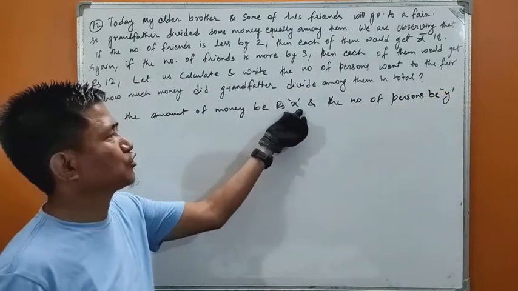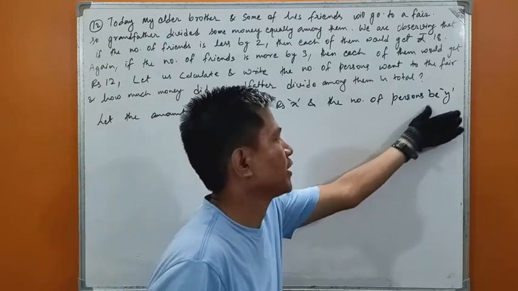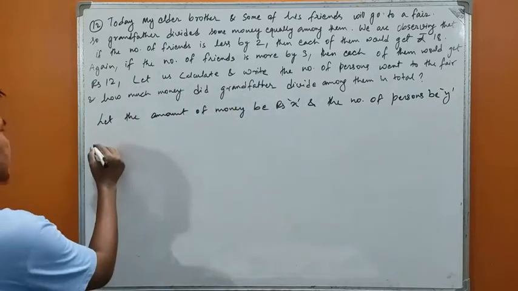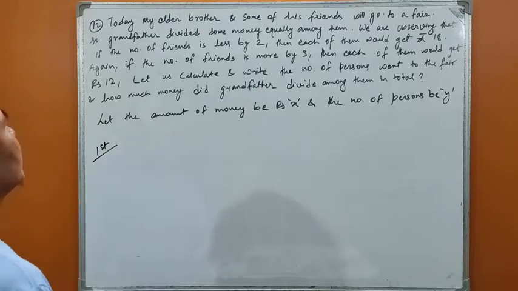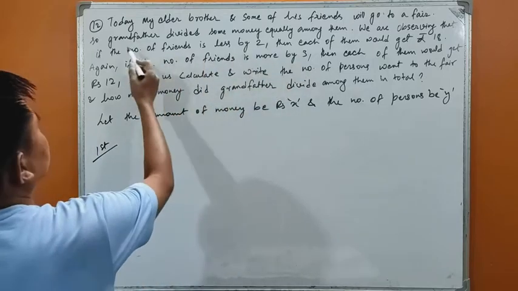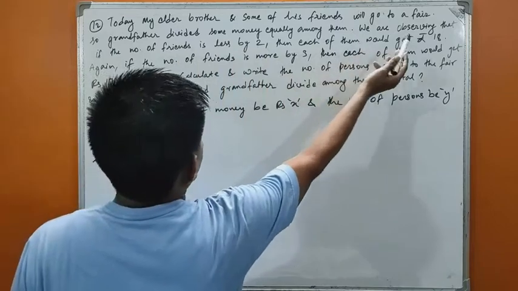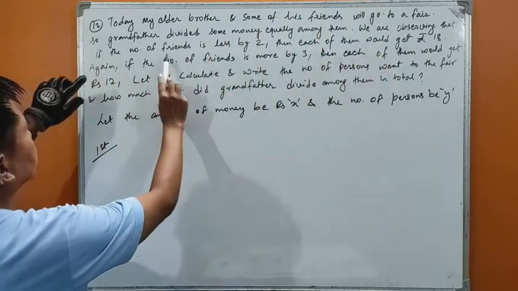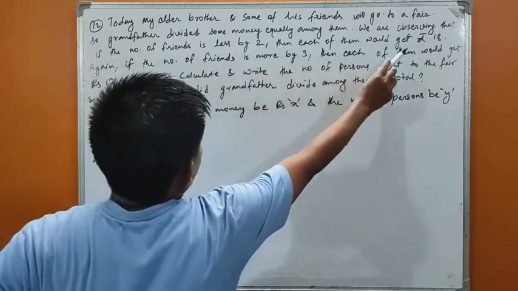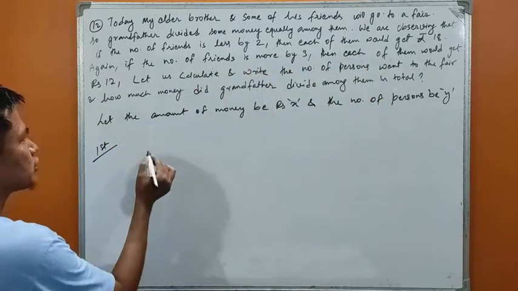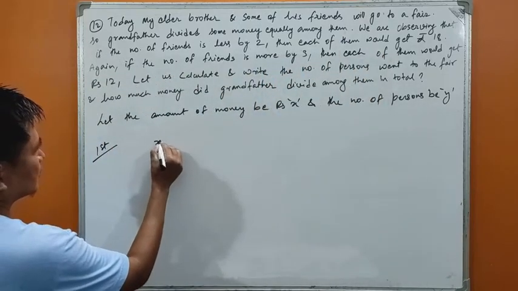Suppose x rupees is divided among y number of persons. Okay, first condition, it's very, very easy. Go to fair. We are observing that if the number of friends is less by 2, then each of them would get rupees 18. Okay, total sum of money is x, isn't it?